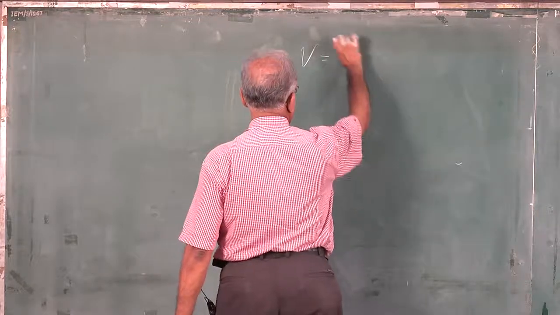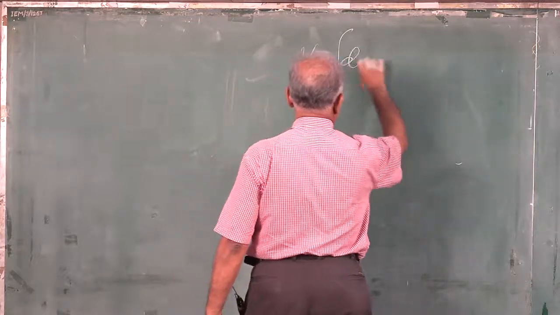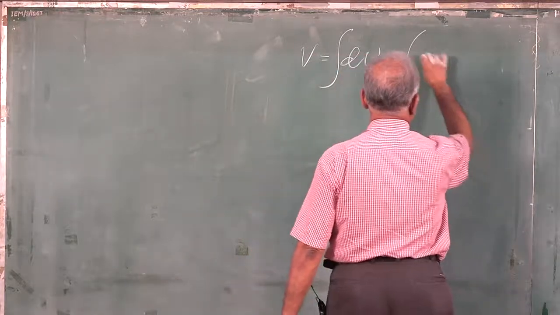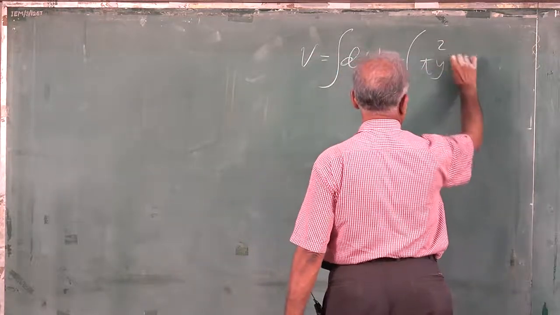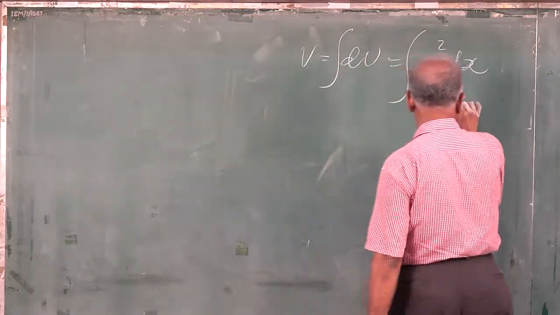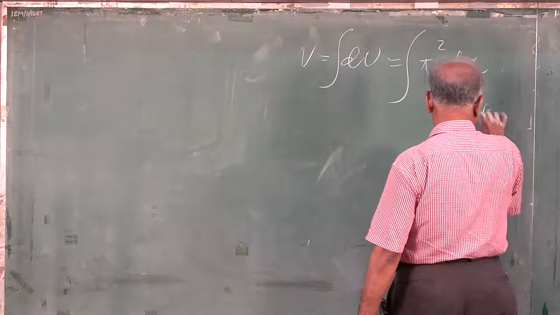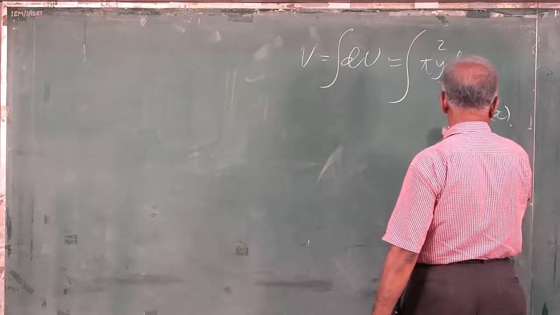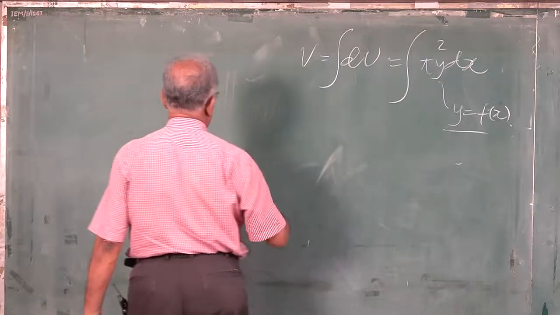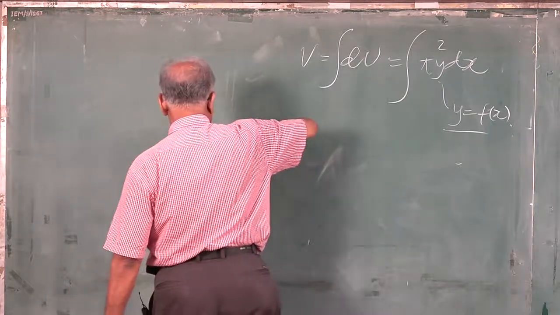Volume is an integral of a volume element, equal to integral pi y square dx, assuming that the function being considered is y is equal to f(x). Now we draw that quadrant of a circle once more.